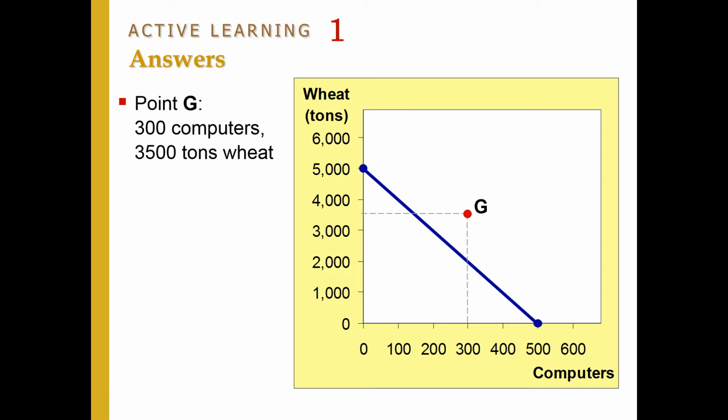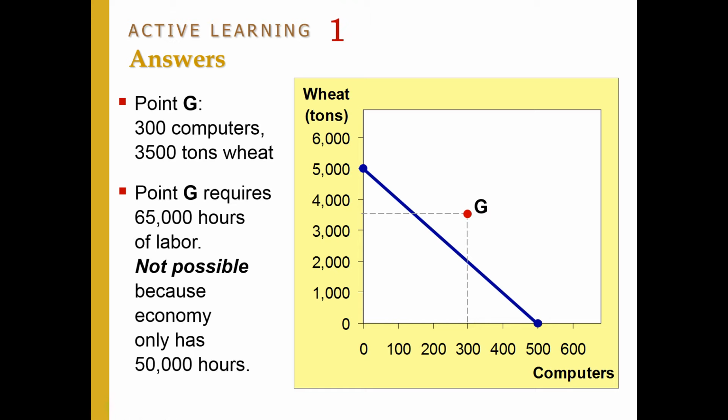Because it's outside of our curve, anything on this line would require using 50,000 labor hours, which is how many labor hours we have available. Anything outside the line would require more than 50,000 labor hours. In this case, it would require 65,000 labor hours, which we don't have, which means point G is not possible.